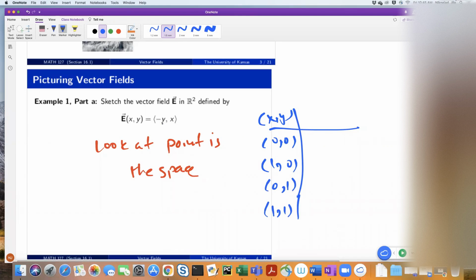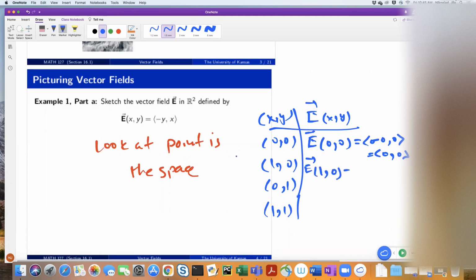And then I plug in 0, 0. So E of X and Y, E of 0 and 0 gives me negative 0 and 0, which is 0, 0. E of 1 and 0 gives me negative y. What is y? 0.